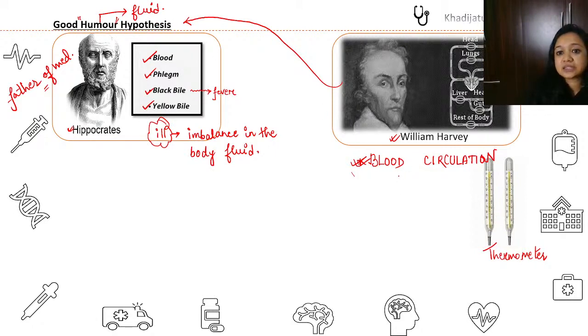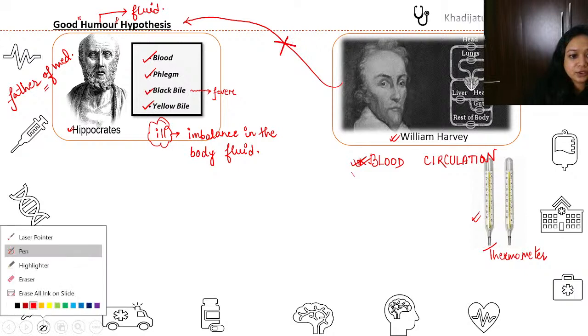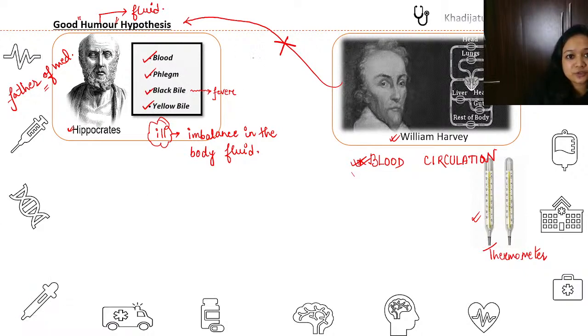William Harvey discovered blood circulation, and then he said that it's not actually an imbalance of all these things, and he discarded the good humor hypothesis. Let me use another color. It's too much of red here, right? So he discarded the good humor hypothesis.